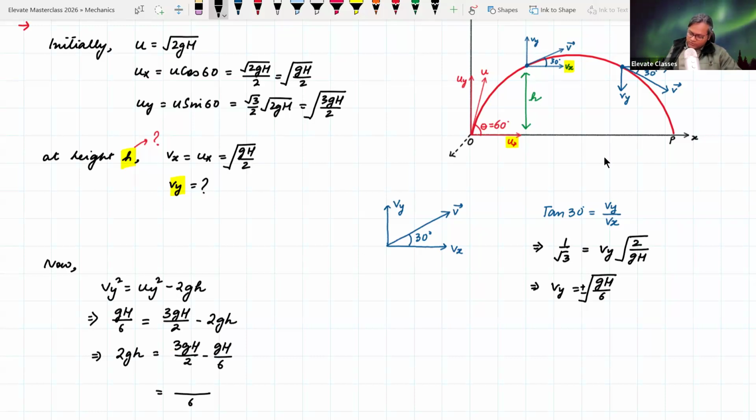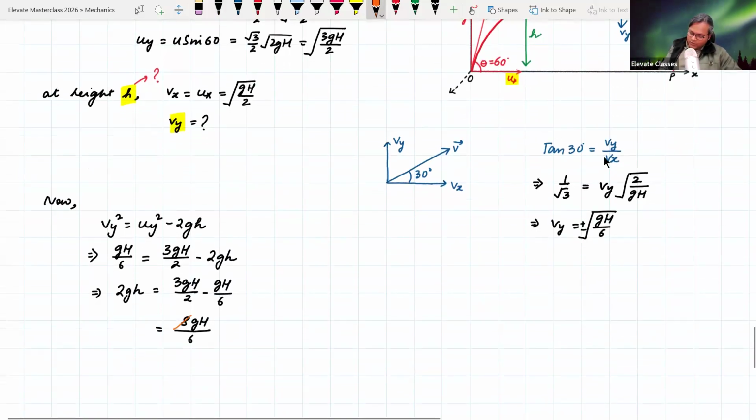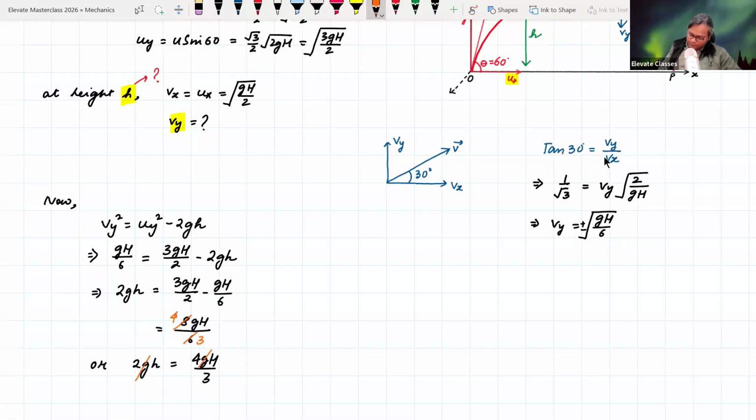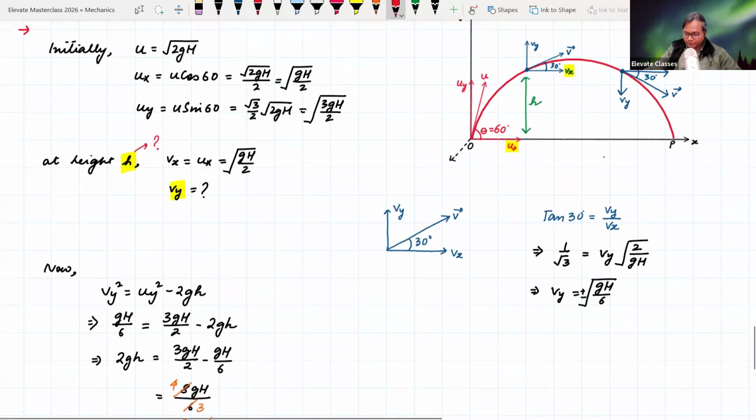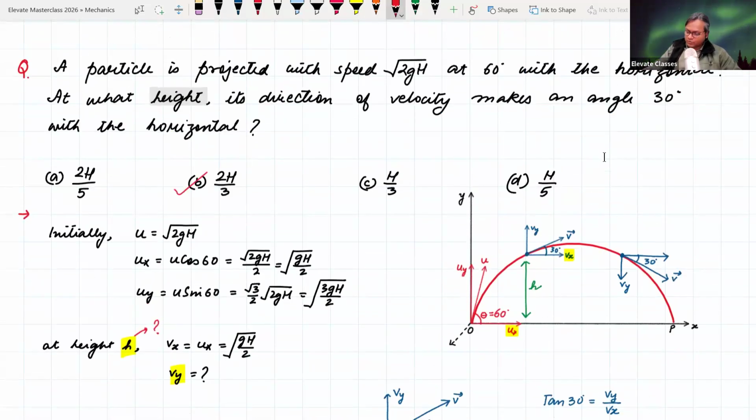So 3 into 3, 9 minus 1, 8 g capital H upon 6. ये हो गया 4, ये हो गया 3, and we will be left with 2g small h is equal to 4g capital H upon 3, or small h is equal to 2 capital H upon 3. That's it. That's the answer. 2 capital H upon 3, option number B.